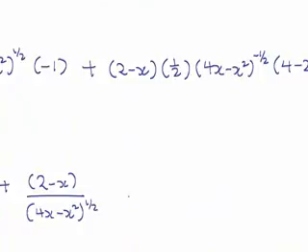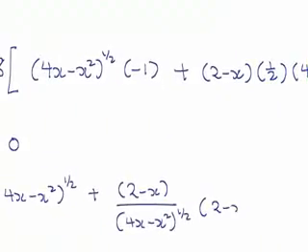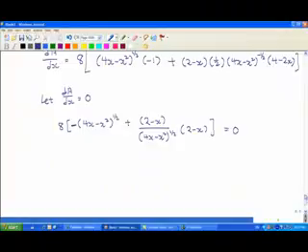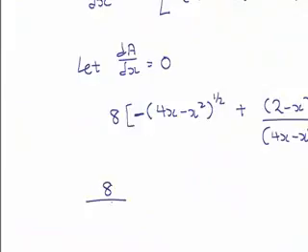Okay, the half multiplied by the 4 minus 2x will give you 2 minus x. And this whole thing must be equal to 0. And what we can do is factor out this thing here.